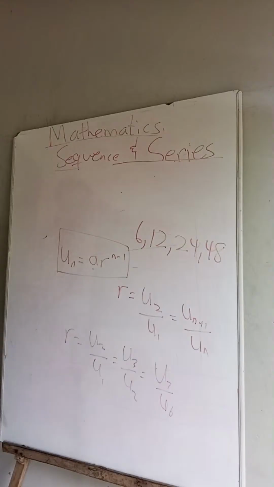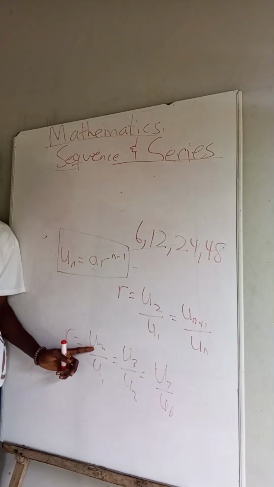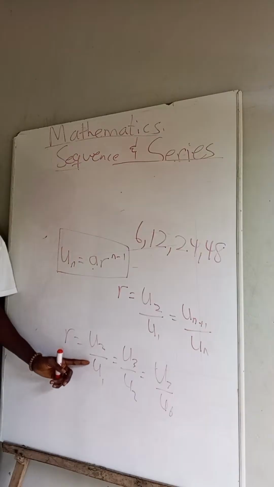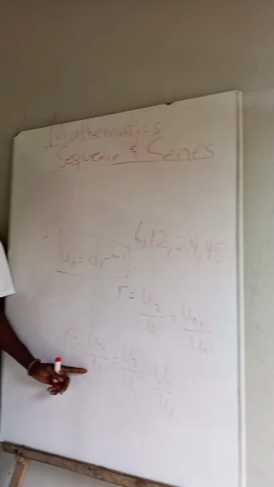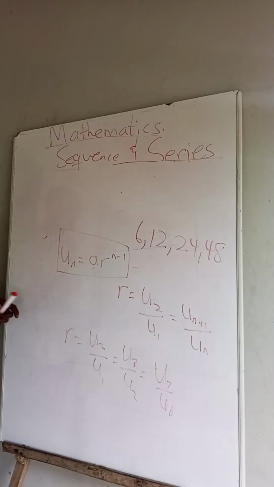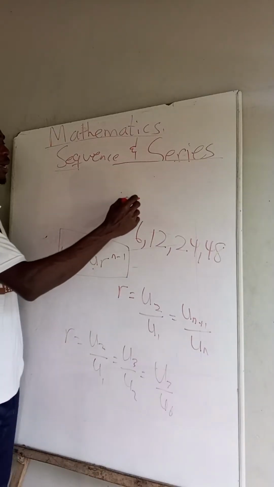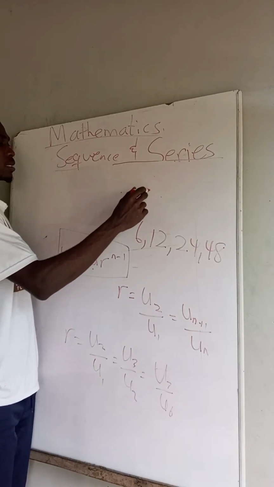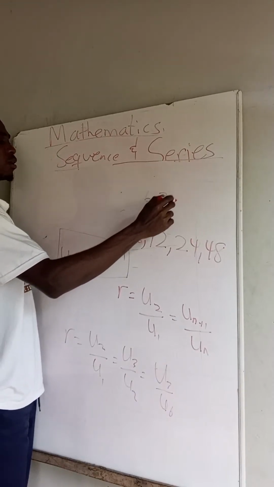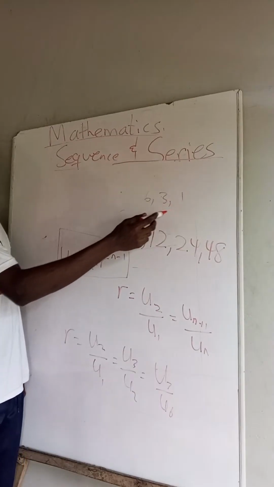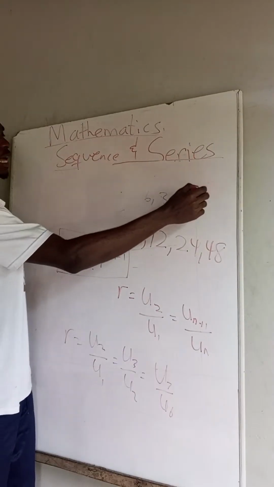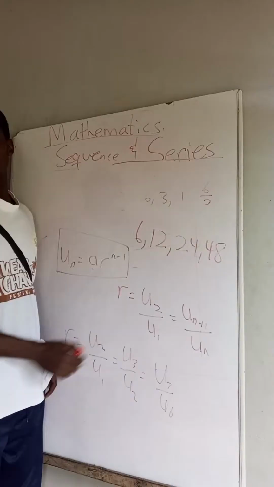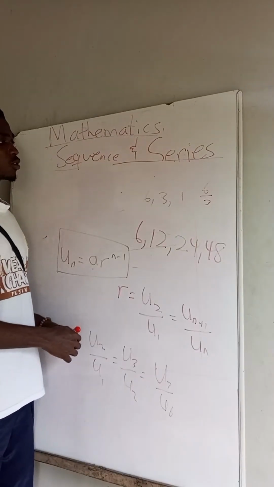Whether the number is smaller or bigger, u2 here doesn't mean that the number up is bigger, and this one too doesn't mean that it's smaller. It's the order. So if you have maybe 6, 3, 1, it's going to be 6 out of 3.